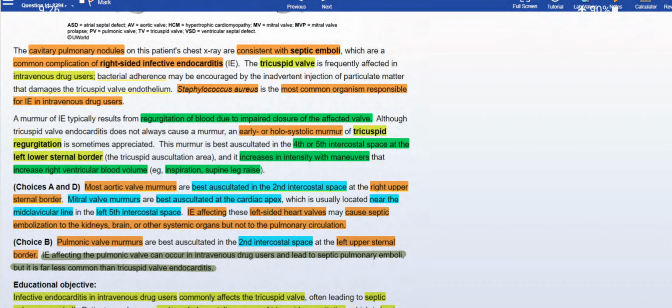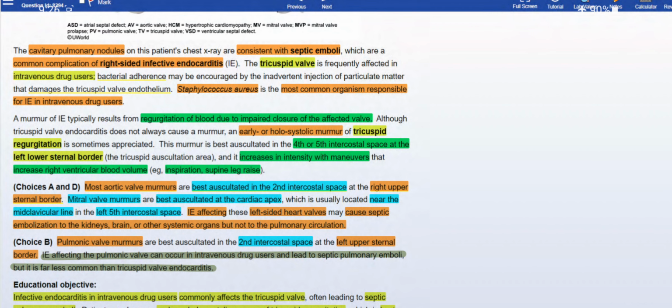Staph aureus is the most common organism responsible for infective endocarditis in IV drug users. Regurgitation of blood due to impaired closure of the affected valve will produce an early or holosystolic murmur of tricuspid regurgitation.